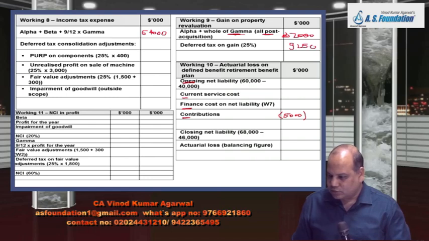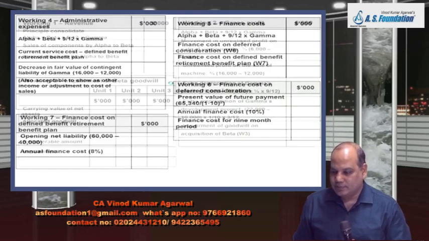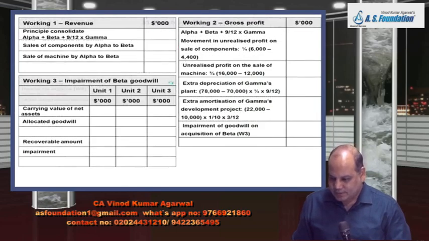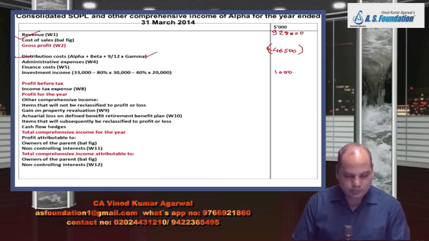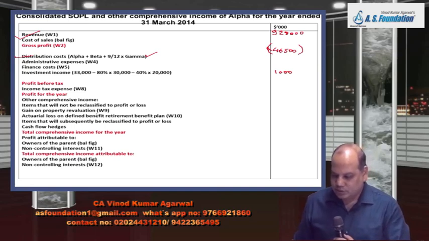So what is the net amount? 27,750 is right. Now where will you write this 27,750? In this main page. Gain on property revaluation 27,750.